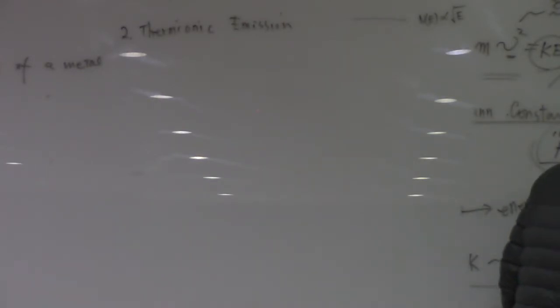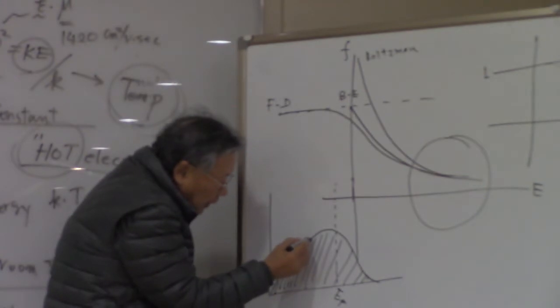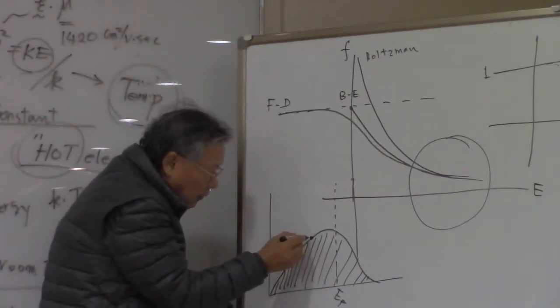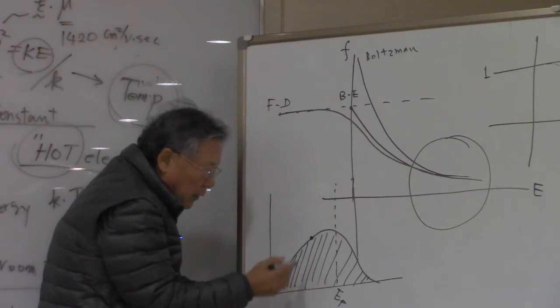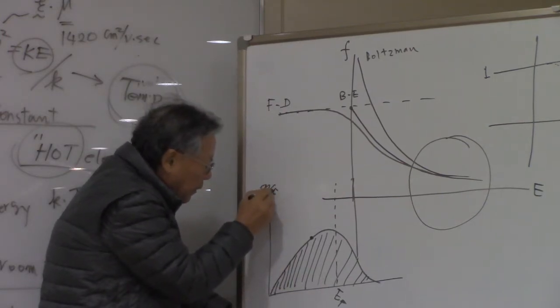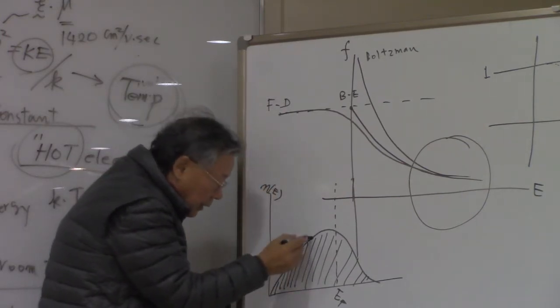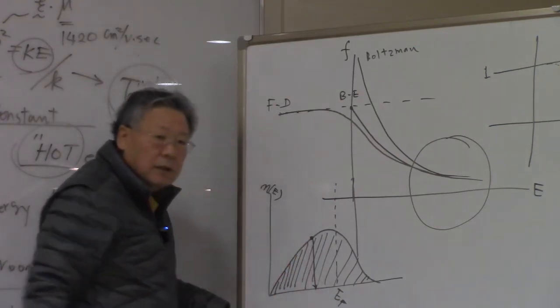this is the Fermi energy. And this is the electrons with that specific energies. For example, some of the electrons of the population here, this is a population of electrons, electron density, and these electrons will have this much energy.